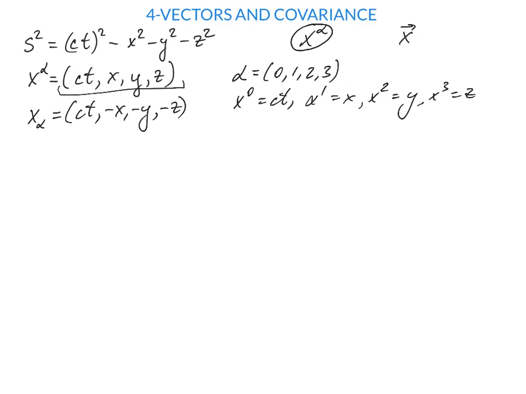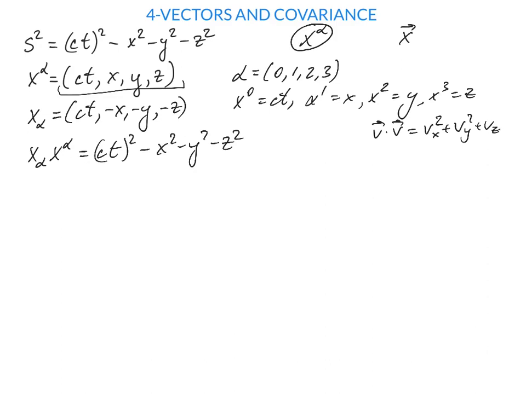And then we'll define what's called a contraction. We'll write x sub alpha, x superscript alpha as ct squared minus x squared minus y squared minus z squared. So x sub alpha and x super alpha is just a sort of an inner product. So just like we write in 3 dimensions, v times v is vx squared plus vy squared plus vz squared.